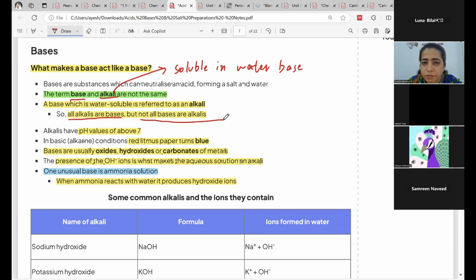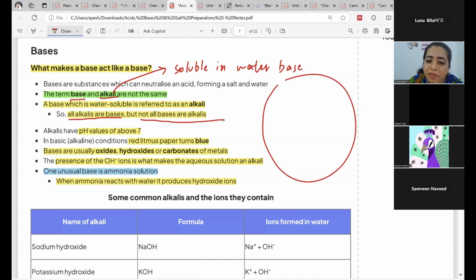So basically, is it the base that is soluble in water, or the alkali? Alkali is soluble in water. So alkali is a part. Let's say if I make a circle and I say all the bases come in this circle, but there is a small circle inside which contains just alkalis, and these alkalis are water soluble.